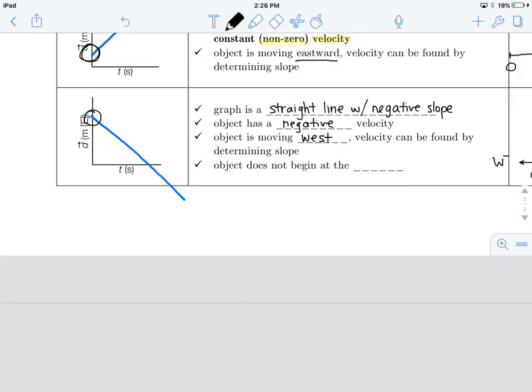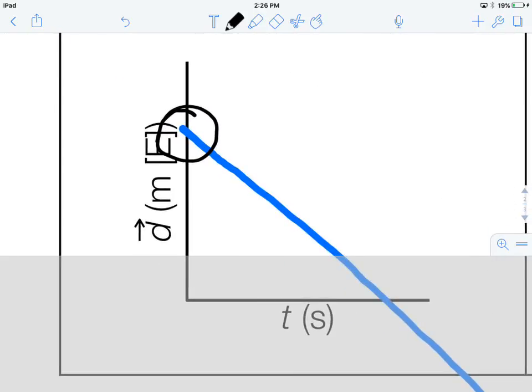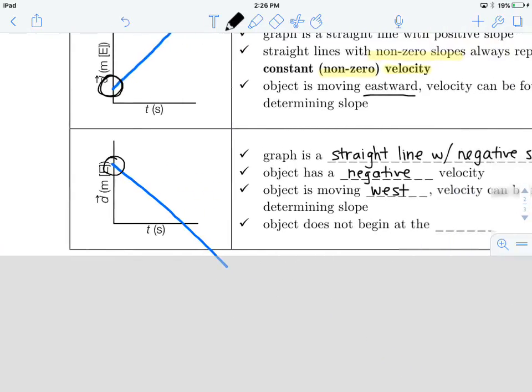This is a position time graph, so at time t equals 0, this position is positive. So even though he's moving in the negative direction, getting more and more west, he still initially started positive at t equals 0.